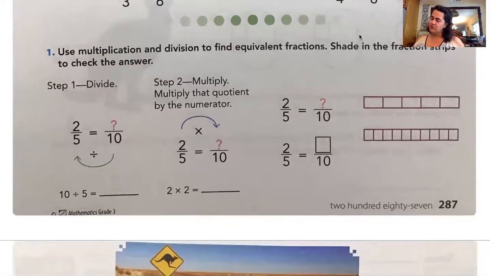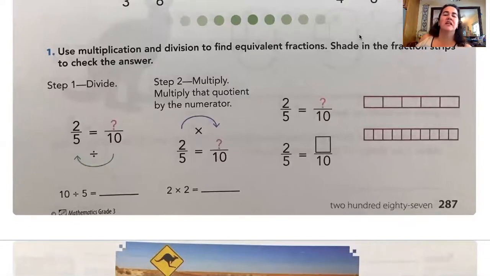So, using multiplication and division to find equivalent fractions, we're going to shade in the fraction strips to check our answer. So first we start by dividing, and it's showing us that 2/5 is equivalent to how many tenths? Well, if we say 10 divided by 5 gives us what, second graders?